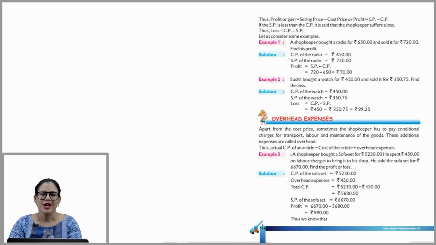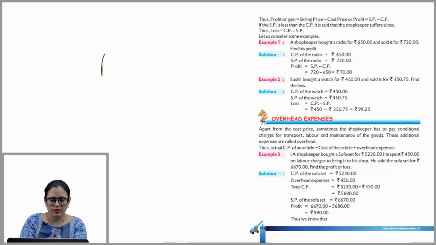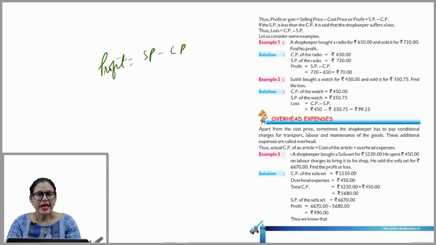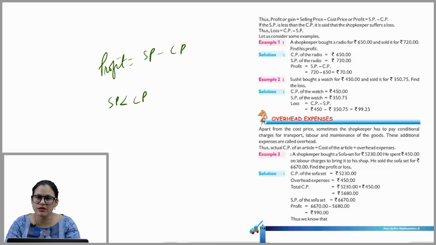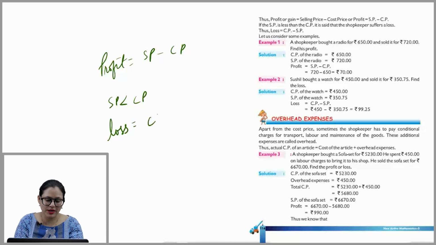To find the profit, we will subtract CP from SP, that is selling price minus cost price. Okay. If SP is less than CP, then it is said that the shopkeeper suffers a loss. Thus, how are you going to find loss? CP minus SP. Okay. This is the formula to find loss, and this is the formula to find profit.